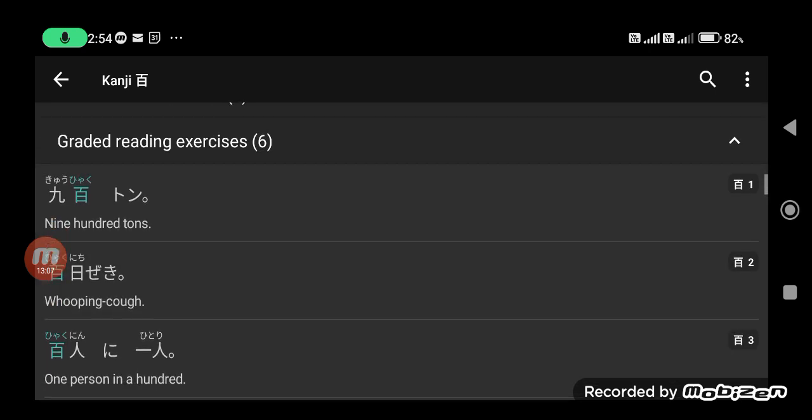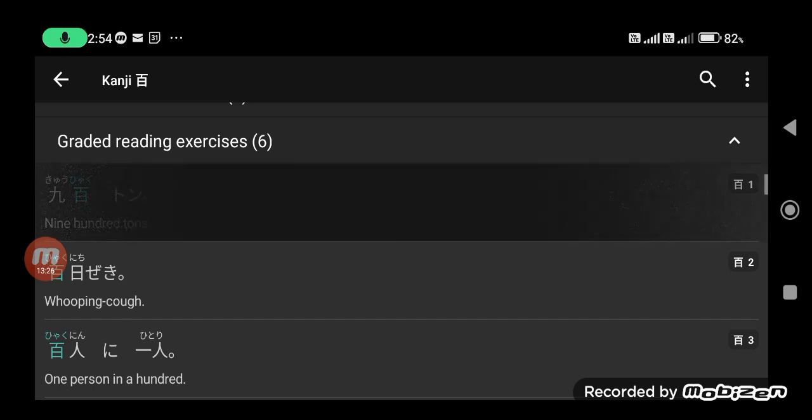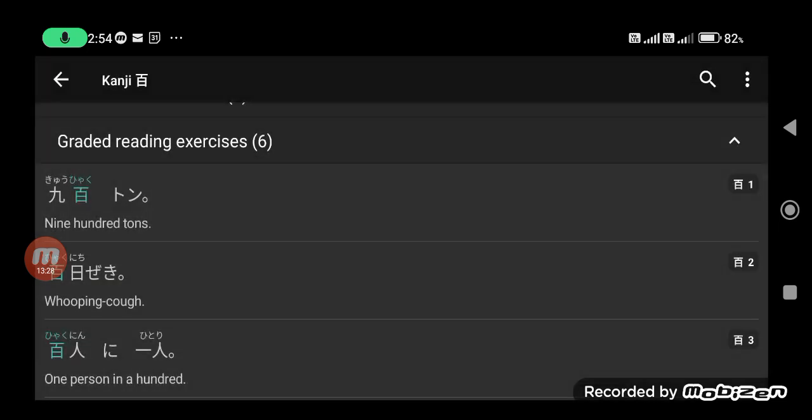So how do you translate that? 900 tons, kyuhyaku ton. You transliterate tons into the Japanese way of speaking, ton. 900 ton.